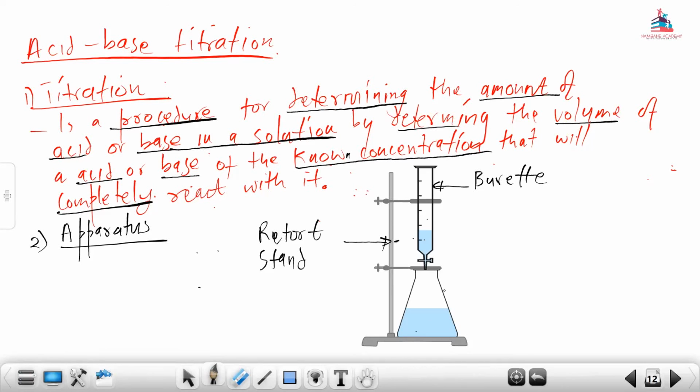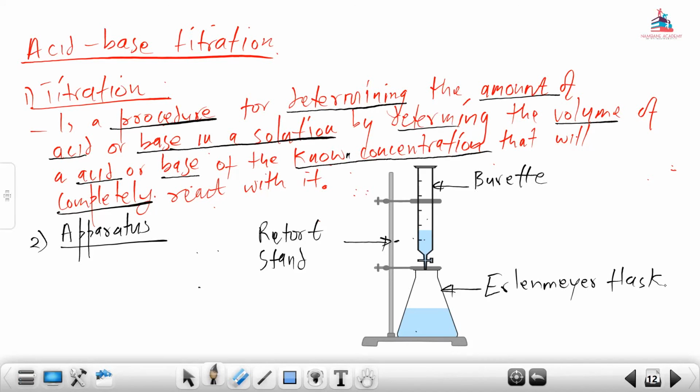Now, this one here, most people call it Erlenmeyer flask. So these are the apparatus we need for titration to take place.